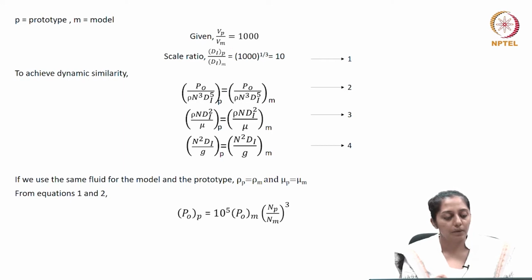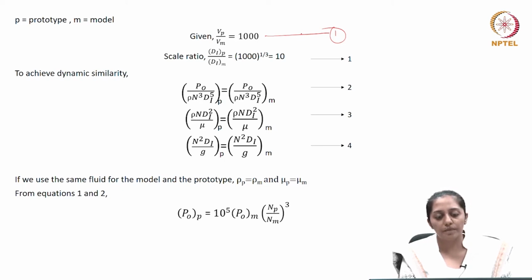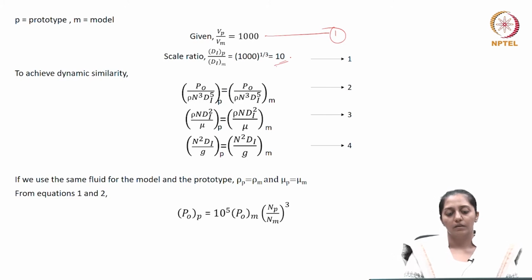So this is one correlation between the volumes at the two levels. Now we know the scale ratio, the ratio of the linear dimensions at the model and the prototype, would be the cube root of this, which is a factor of 10. So for the linear dimensions, the scale up ratio is 10.